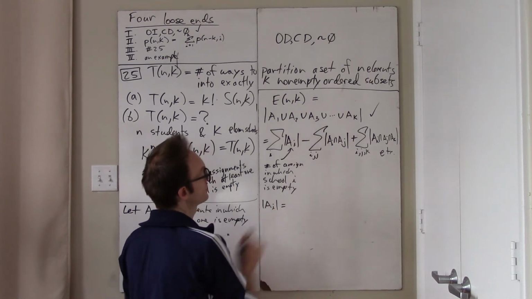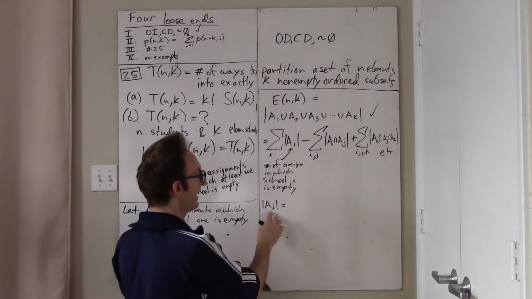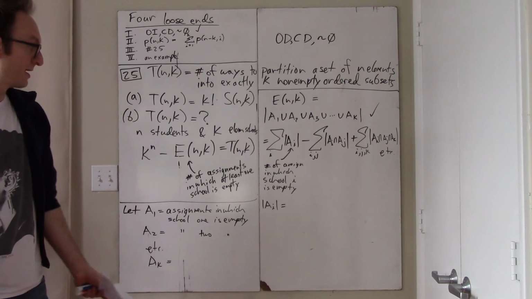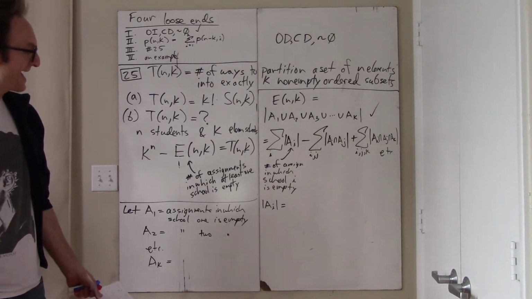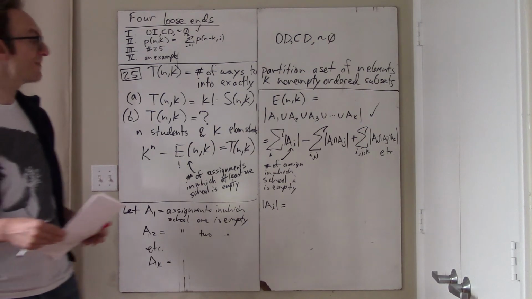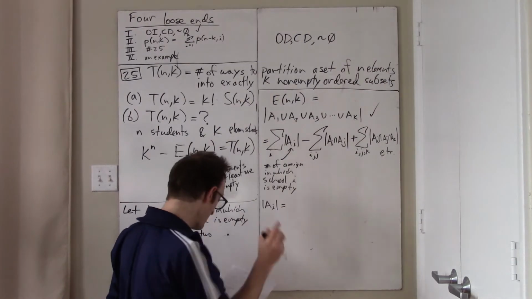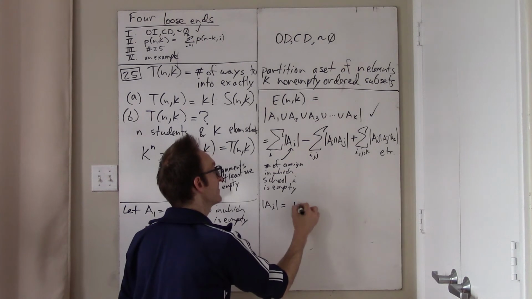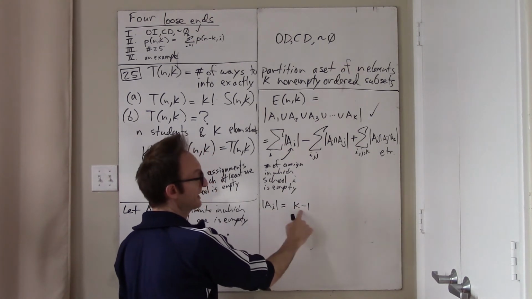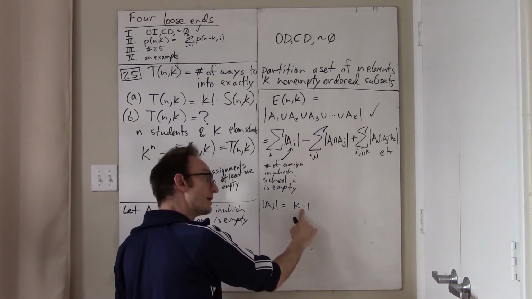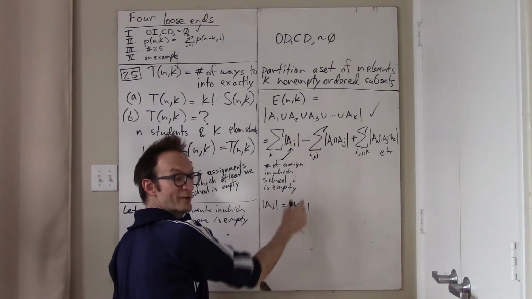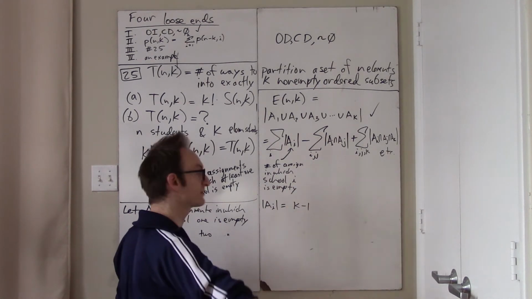If I know that school i is empty, then I have n students to distribute to k minus 1 schools. So I have k minus 1 choices for student 1, k minus 1 choices for student 2, and for each student, k minus 1 choices for where to send them.